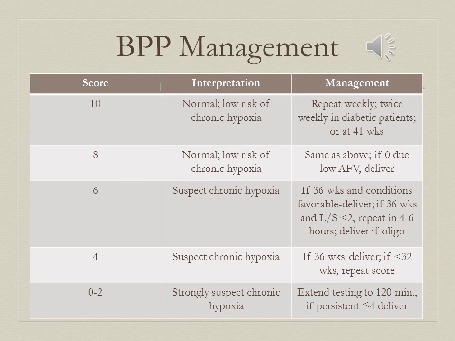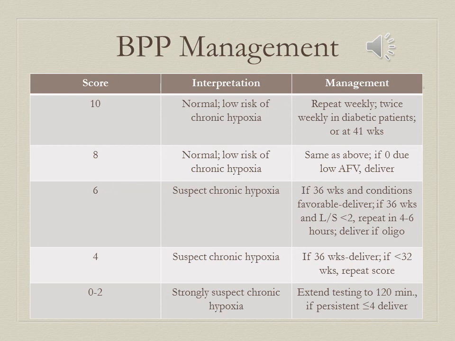Now, if you've got a diabetic patient, you would do the BPPs twice a week, and you would also do a BPP on somebody who is 41 weeks pregnant, so she's a week past her due date. A score of 8 is still considered normal, okay? But obviously something has gotten a 0 somewhere, okay?